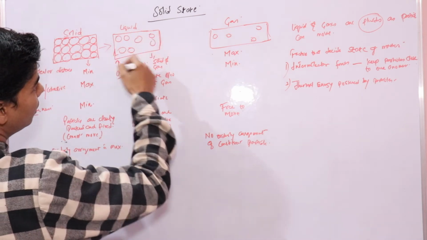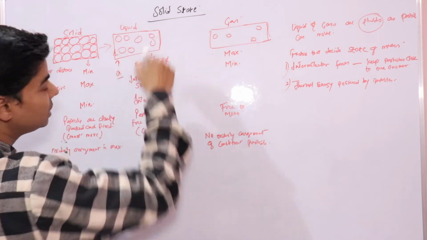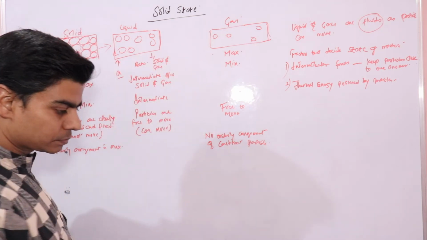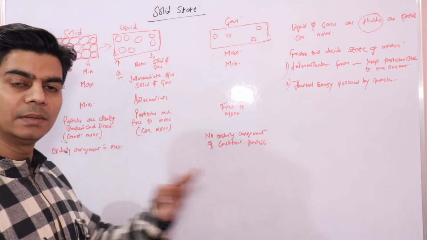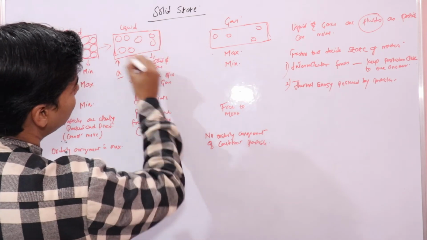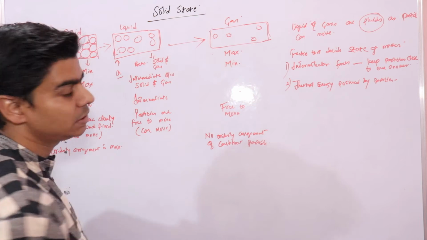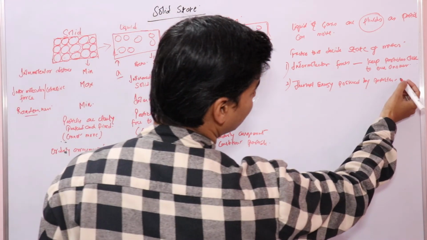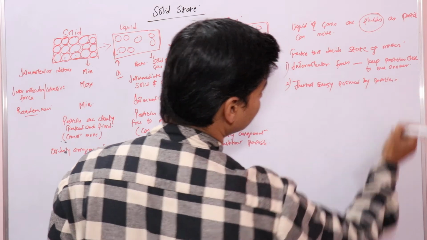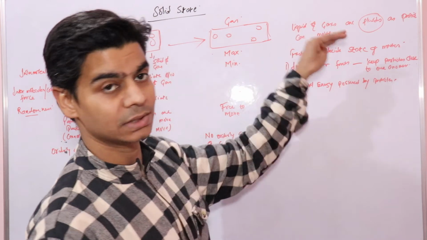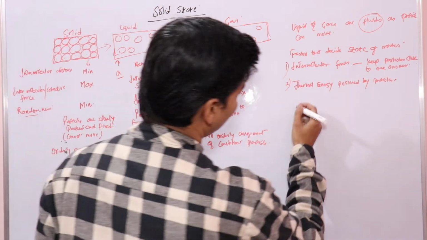So if you keep heating any liquid, the orderly arrangement will go down and the randomness among the particles will increase, and if randomness increases, they will change into gaseous state, right? So thermal energy possessed by particles and intermolecular force of attraction will decide the state of matter, right? So now, three things.